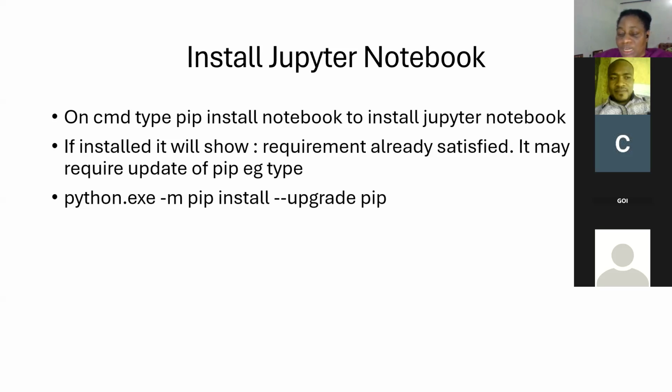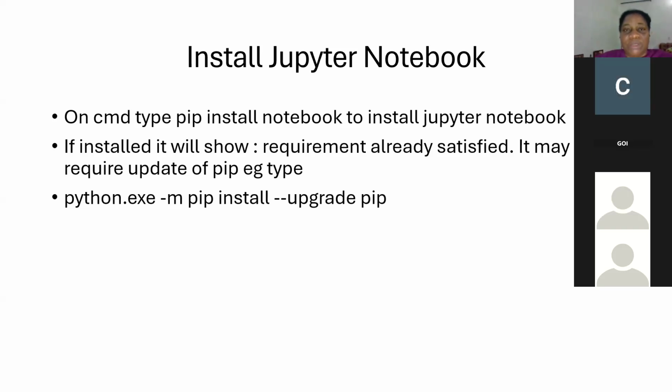Anaconda contains Jupyter Notebook, PyCharm and many other applications, like Sublime, but it's heavy. So I advise you use regular Jupyter Notebook. Let's use only Jupyter Notebook for this course. It's not going to take us much.